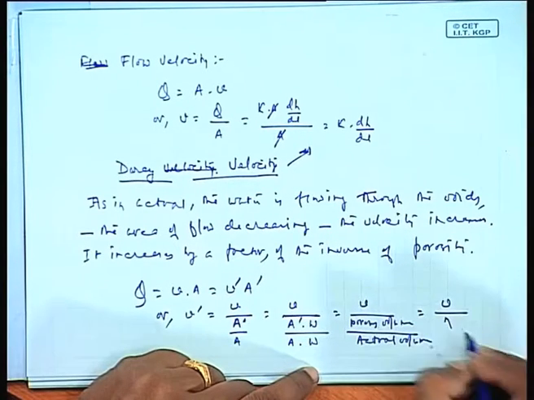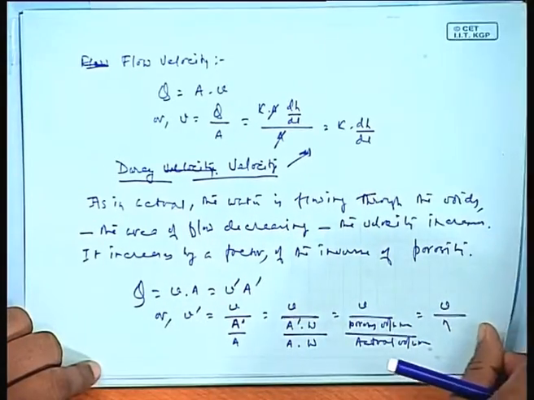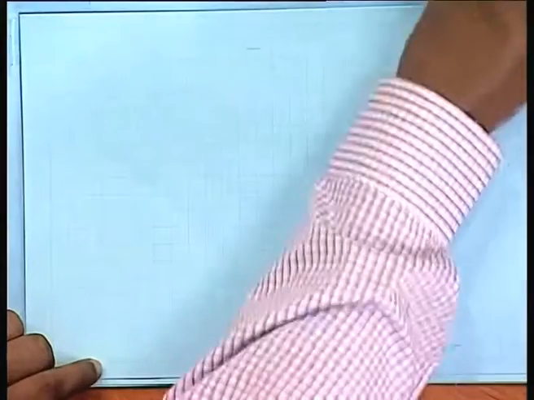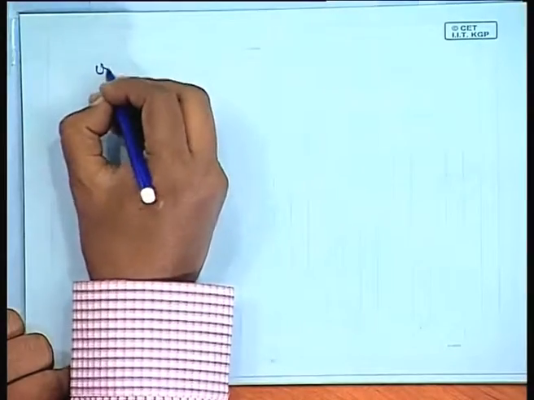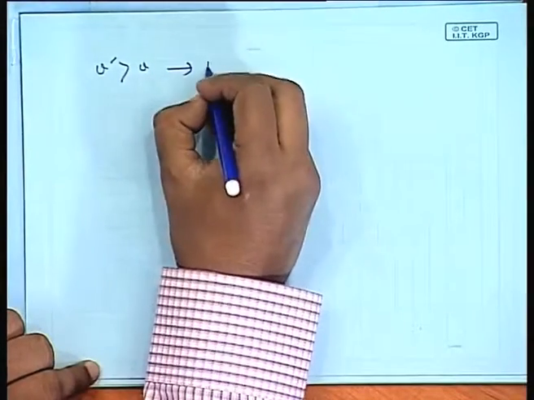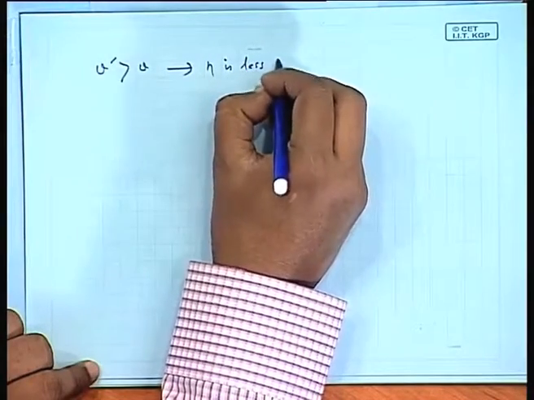That is what we generally try to know. It is not necessary to emphasize, but nonetheless let me tell you that V dash would always be more than V, because eta is less than 1.